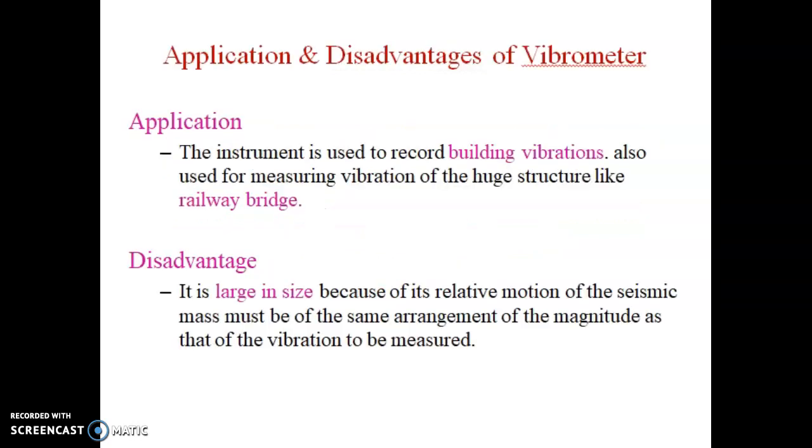Since vibrometers are low frequency instruments, these are used for measuring the vibration of huge structures like buildings and railway bridges, etc. And the disadvantage is that the size of the seismic mass should also be higher. So the instrument itself is heavier in construction, so this application is limited.